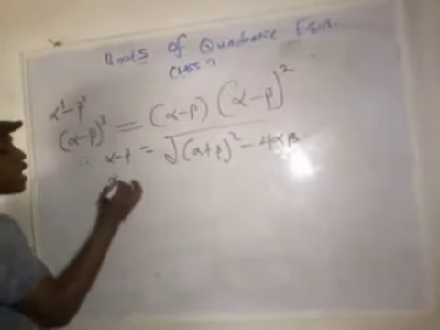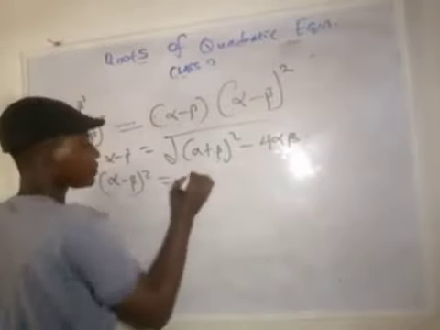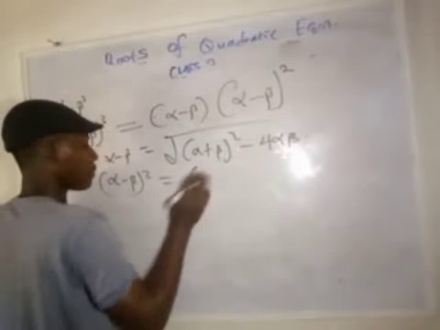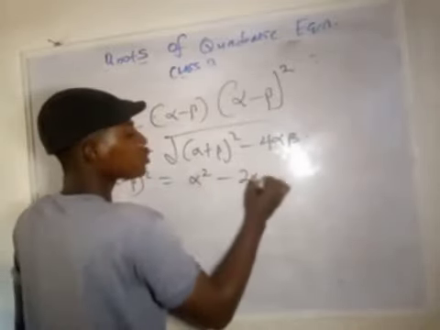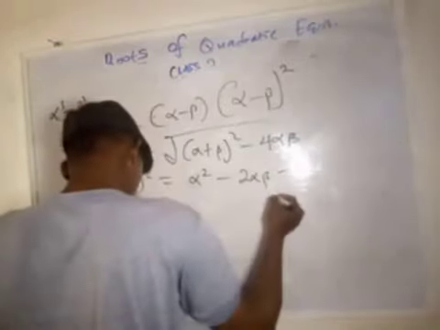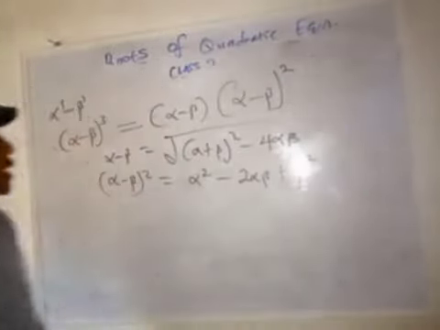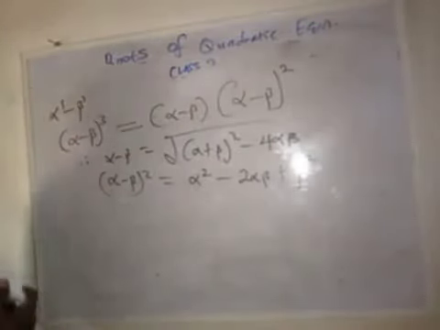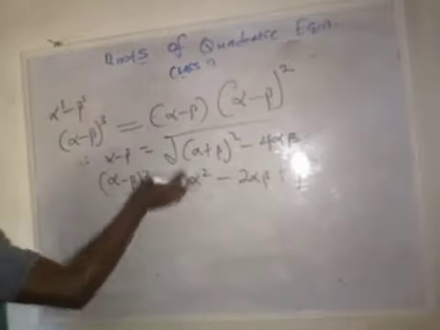And you should know that my alpha minus beta squared is still the same thing as saying alpha squared minus 2 alpha beta plus beta squared. Are you getting the point now? Alpha squared minus 2 alpha beta plus what? Plus beta squared. So now let's substitute this into this particular equation.